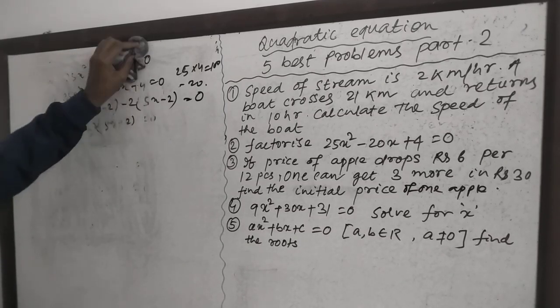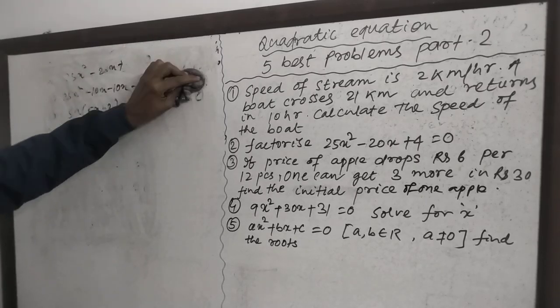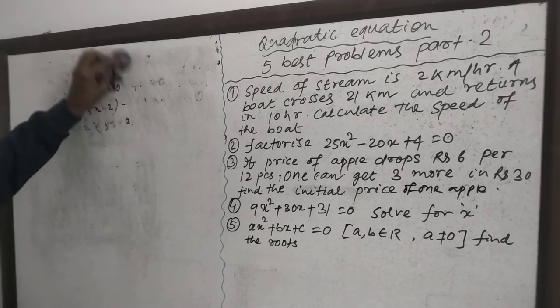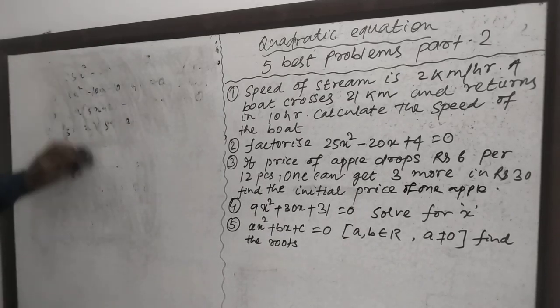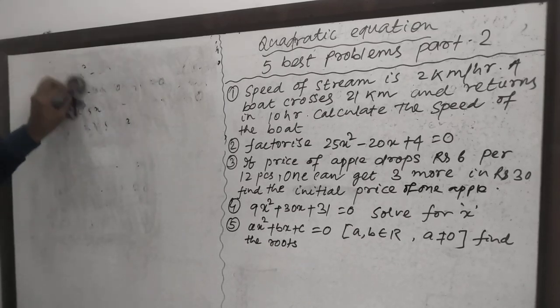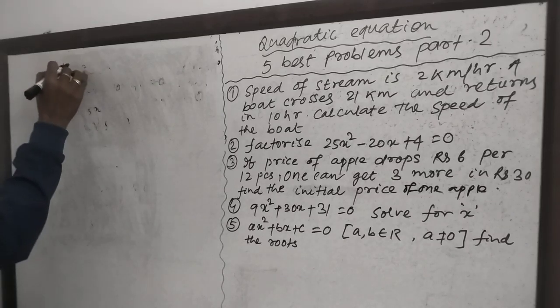Now question number 3. If the price of the apple drops by rupees 6 per 12 pieces, one can get 3 more in rupees 30. Find the initial price of the apple. Let the initial price be x.